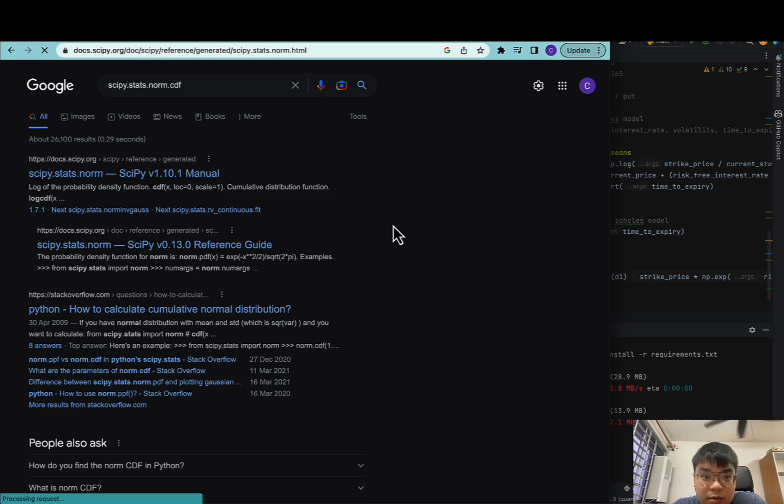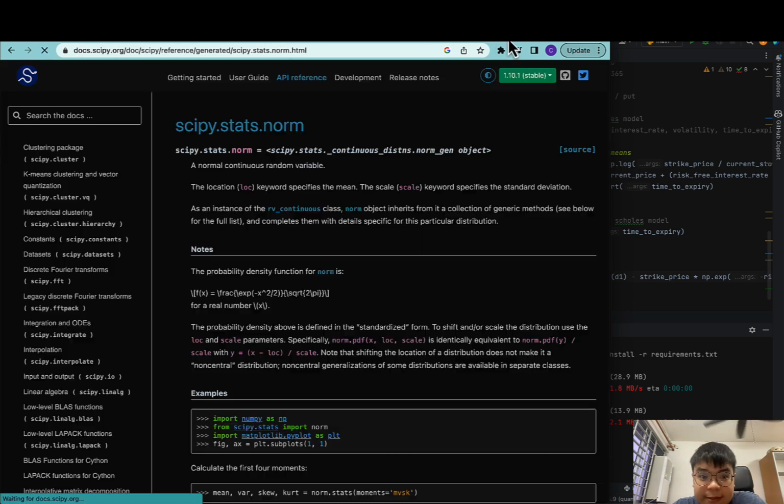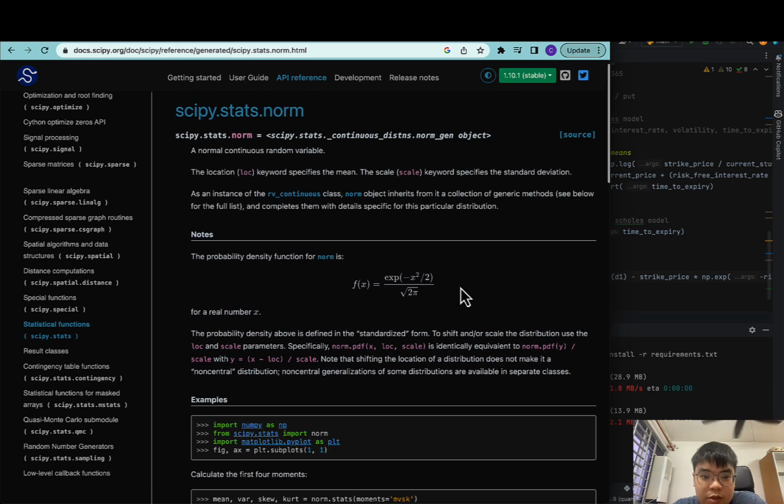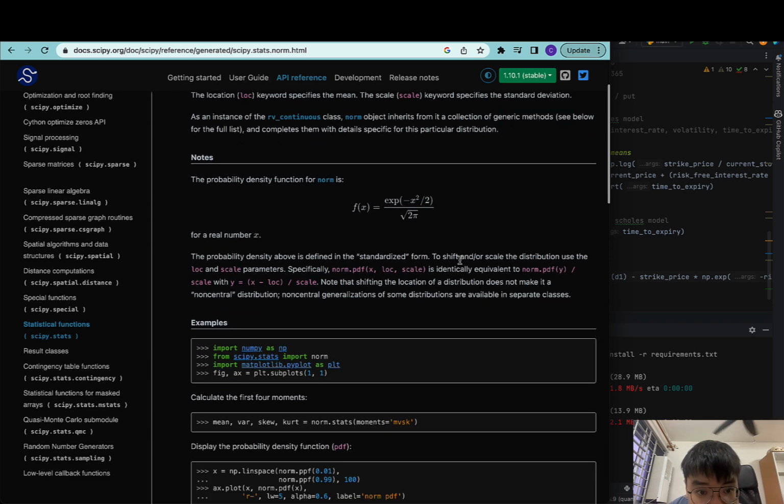Okay, let's take a look. So the probability density function is the exponential of negative x squared divided by 2, divided by the square root of 2 pi. It's very technical. I don't think I really understand what this formula inherently means, but this is probably a probability density function where if you pass in a number, it gives you back another number within the distribution.